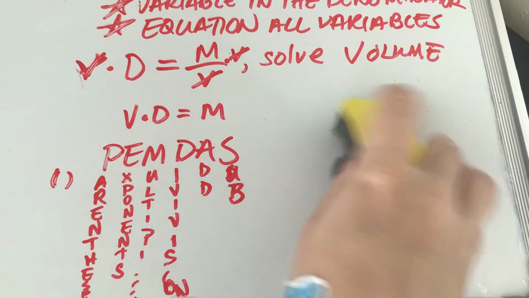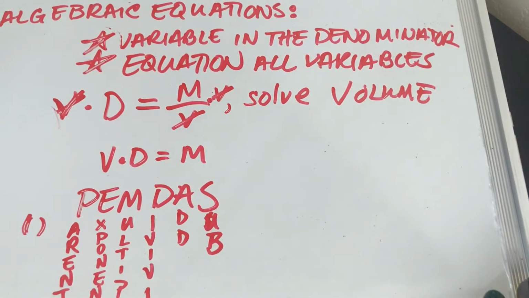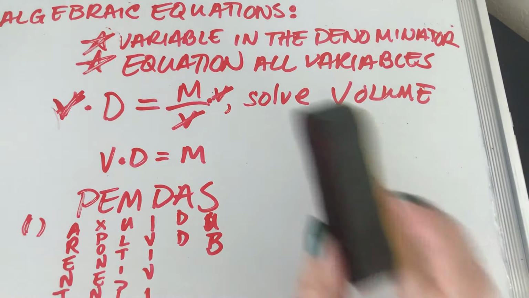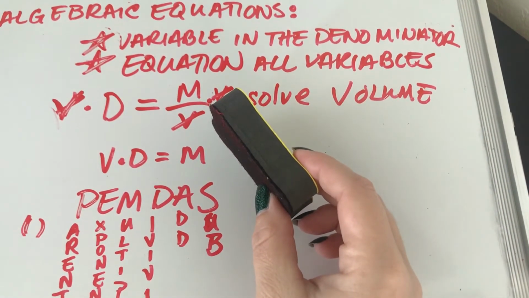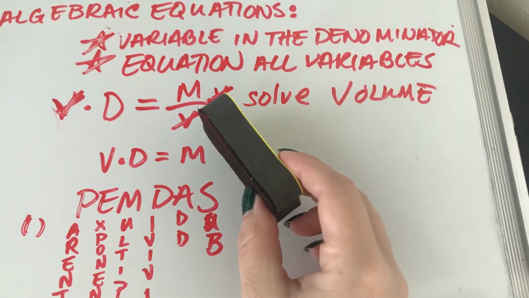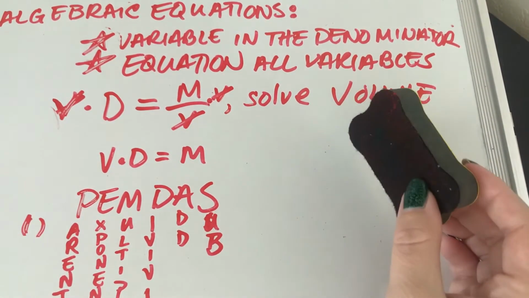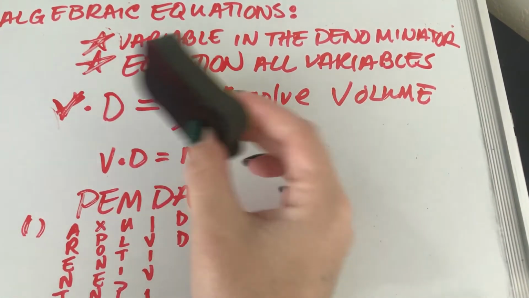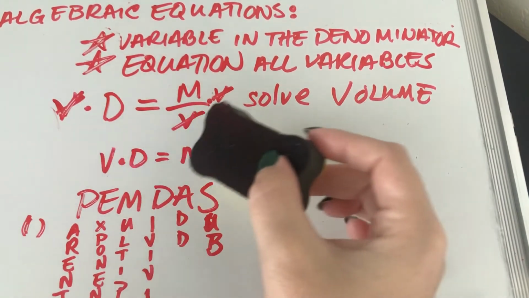Questions about the variables in the denominator and equations that are all variables? I think the equations that are all variables, as long as you think about the problem in terms of what you're solving for only, right? It doesn't really matter what everybody else is until you've got this.